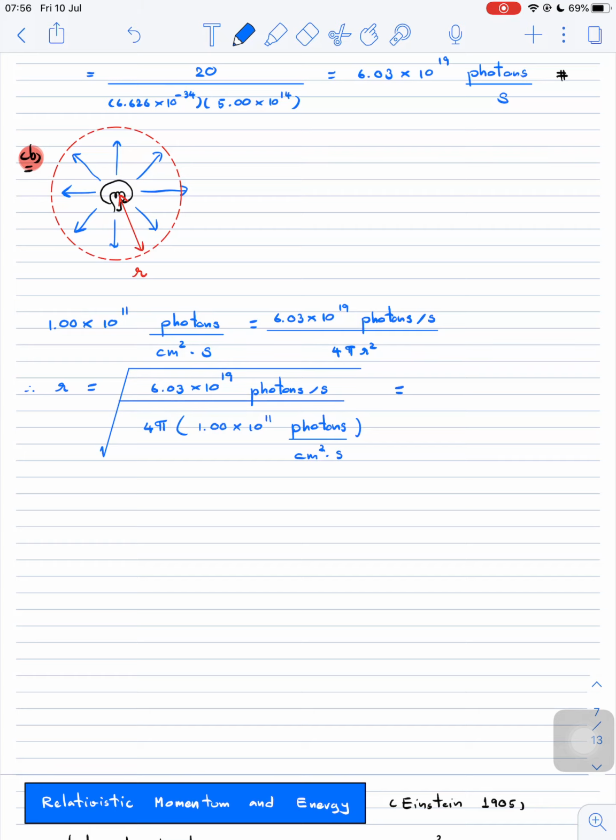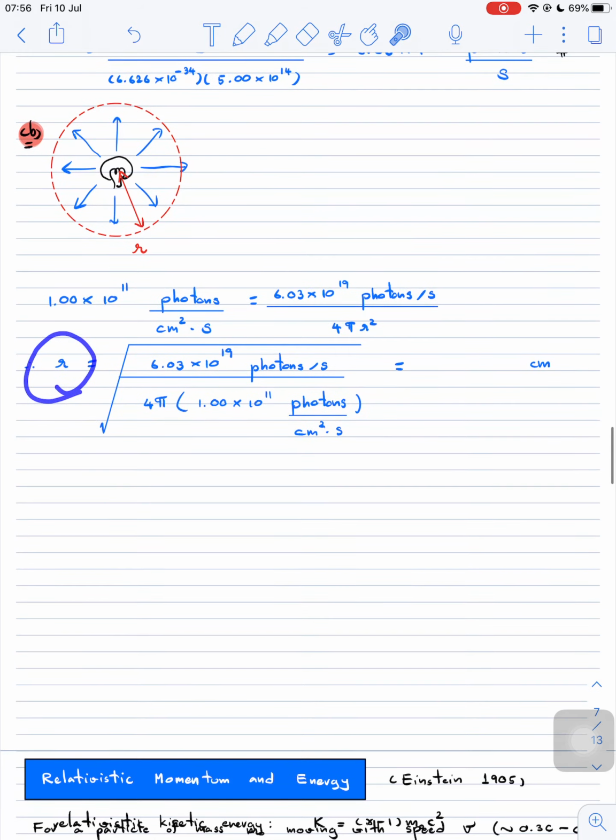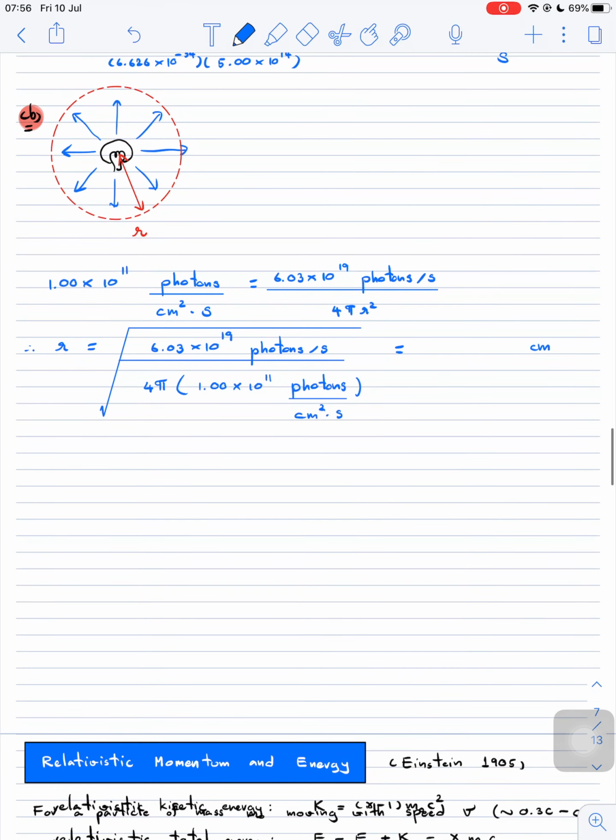Now you can see that the units cancel out, and we have centimeter squared in the numerator, and taking the square root we get centimeters as the unit of the radius of the sphere. Using a calculator, we get 6930 centimeters, or 69.3 meters.